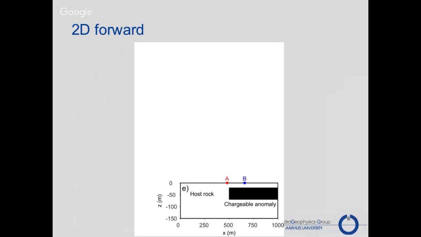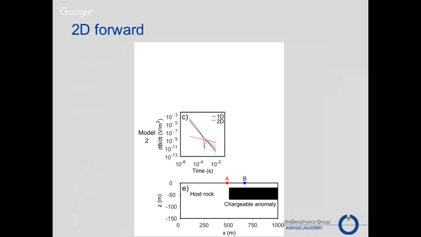So if we give a look, first of all, at the data to see how the 2D data look and how the 1D, the equivalent 1D data look, because they look different, sadly. This is for the resistive case. So this is our noise floor. In red, we have the 2D forward. And this is station A, so we are just outside the chargeable body. So there is still a change of sign in the forward data, but it's below the noise floor.